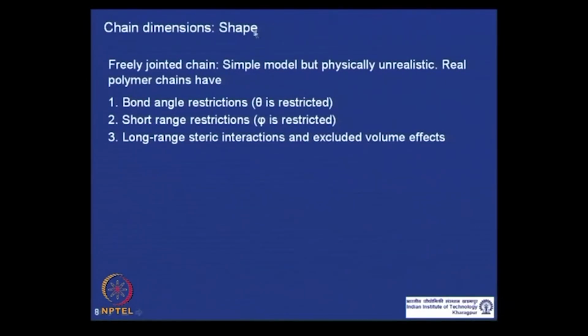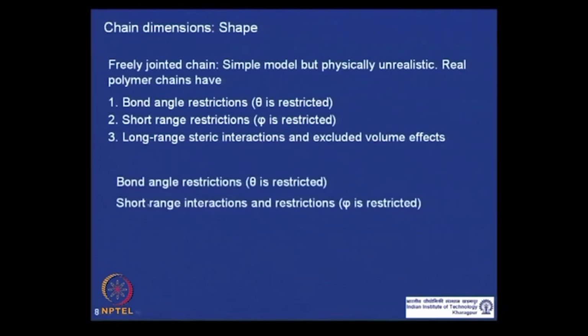This should be size, not shape. We will put in all these restrictions one after another and find how the RMS end to end distance varies. Once we know the RMS end to end distance, we can always find the radius of gyration.